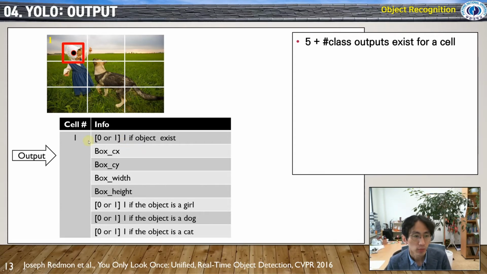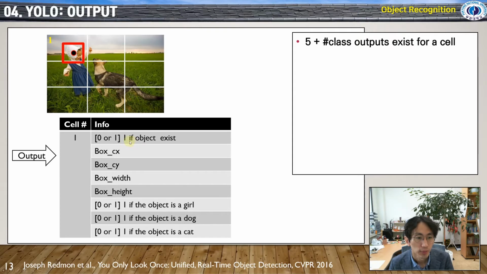So if one box contains box information and object information, then we say this is one anchor, and there are 5 plus the number of classes outputs for a cell. First information is 0 or 1.